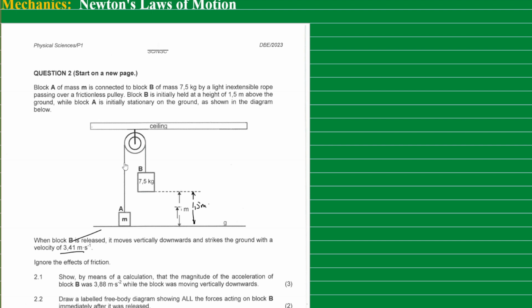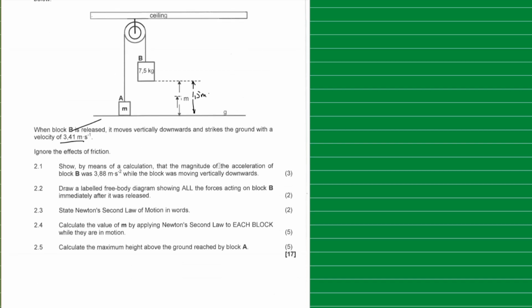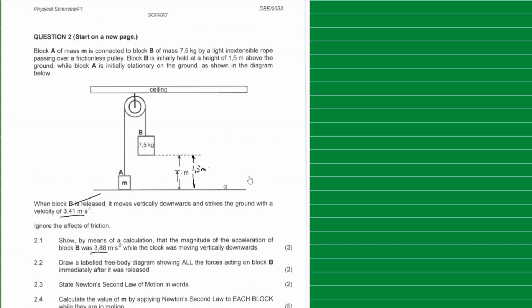And then the question goes on to say, show by means of a calculation that the magnitude of the acceleration of the block was 3.88 meters per second squared while the block was moving vertically downwards.